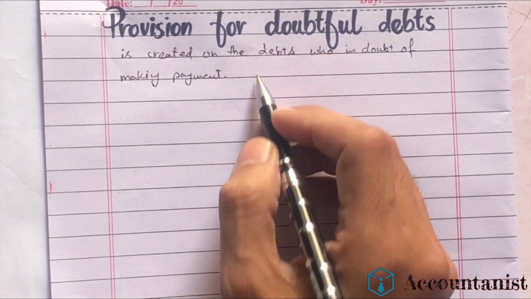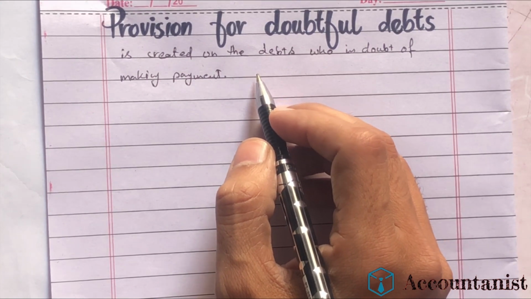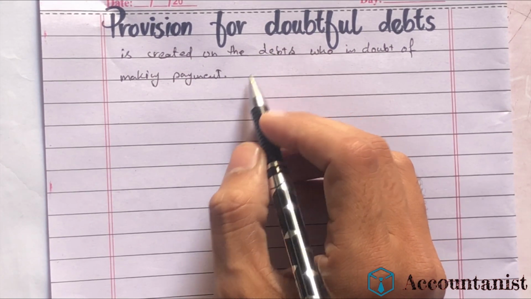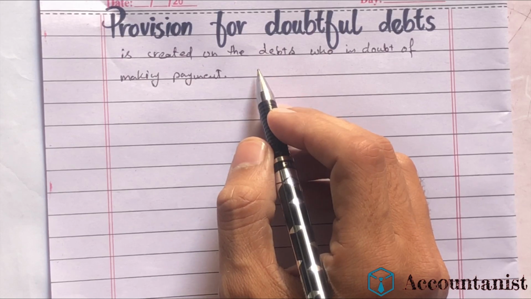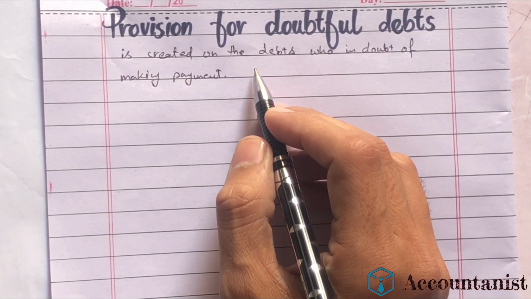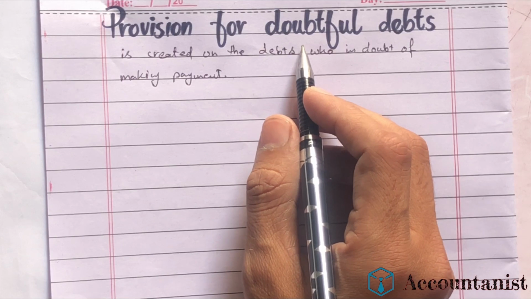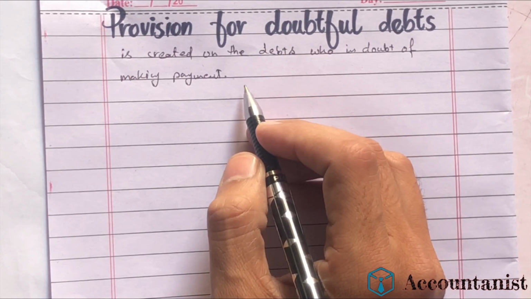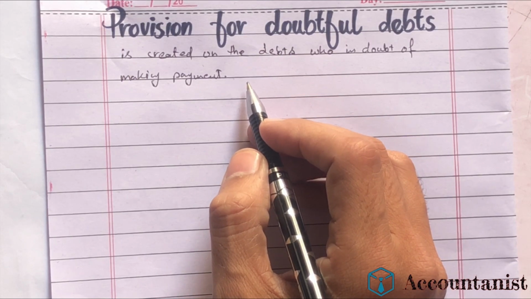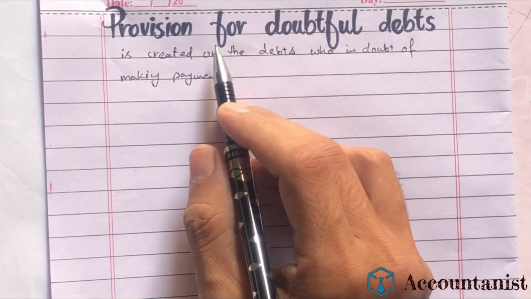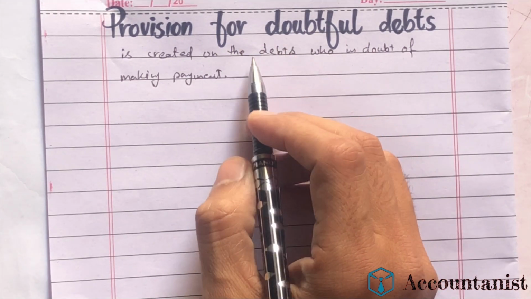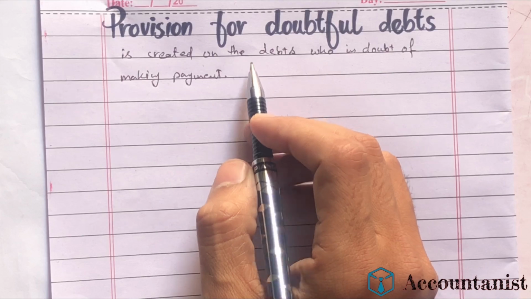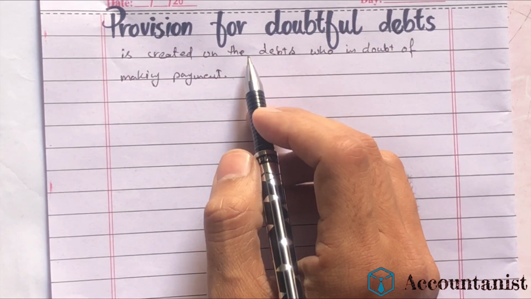Because of the implementation of the prudence concept. The prudence concept says that our assets should not be overstated and profits should not be overstated. So provision for doubtful debts will give us the true value of our receivables. After deducting the provision for doubtful debts, we will have our net receivables, that will be our true receivables.